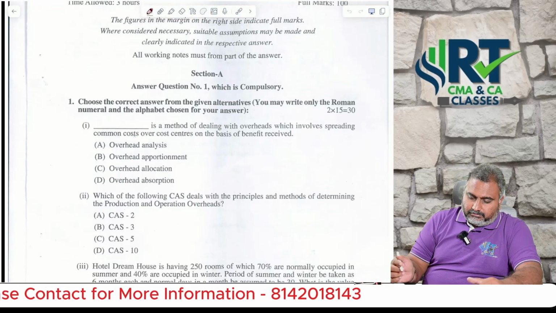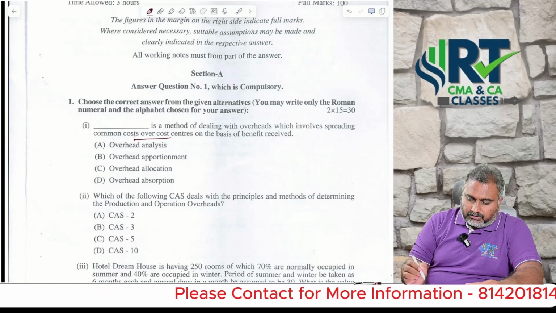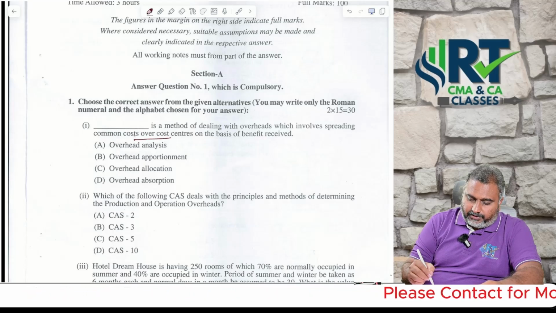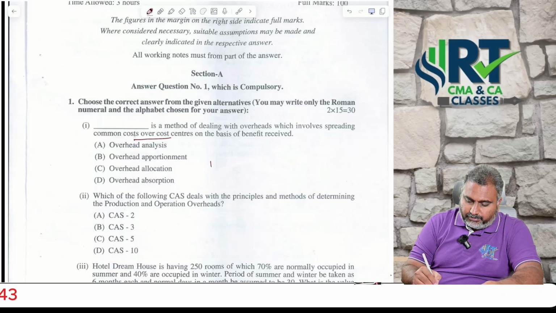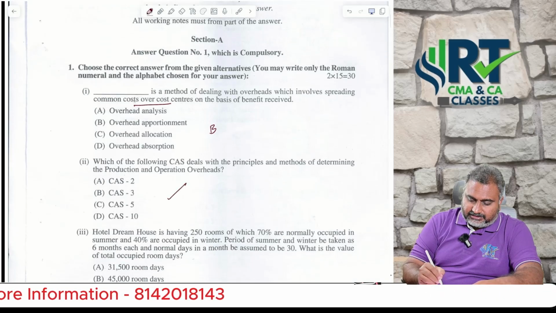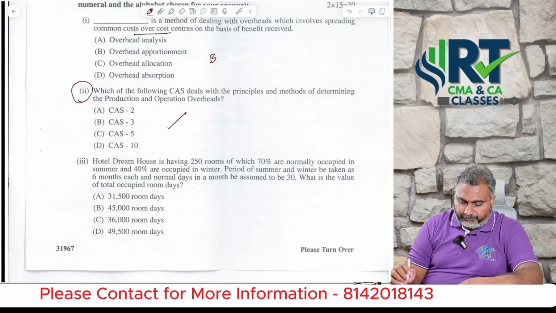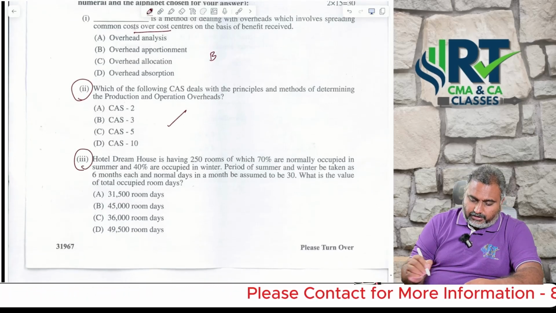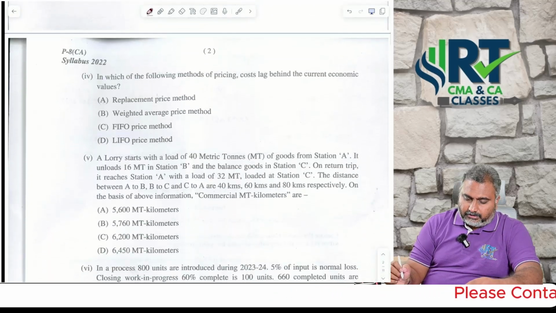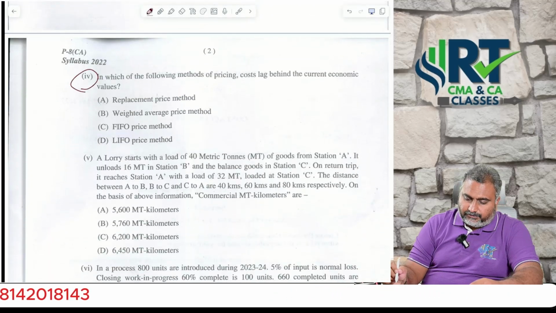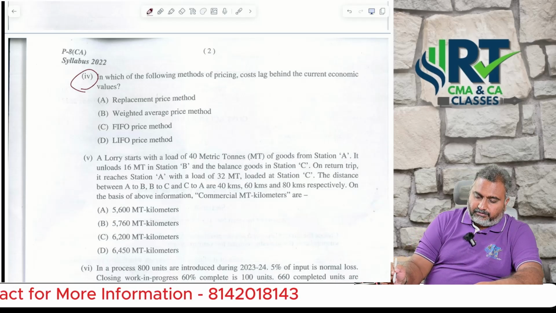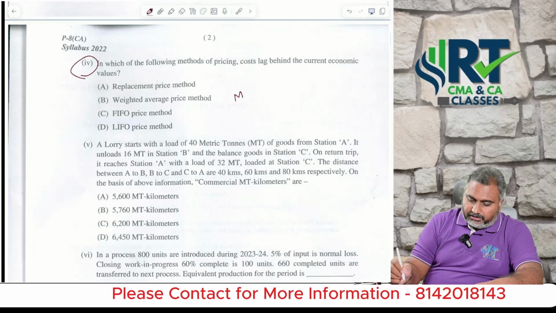First part, sir: common cost control, cost centers point of view, what we are supposed to use. This is from basics only. Cost accounting standard, once again, sir, one MCQ. And see, sir, hotel point of view, operating costing. Here, which of the following is the pricing cost economic values point of view under the materials chapter.